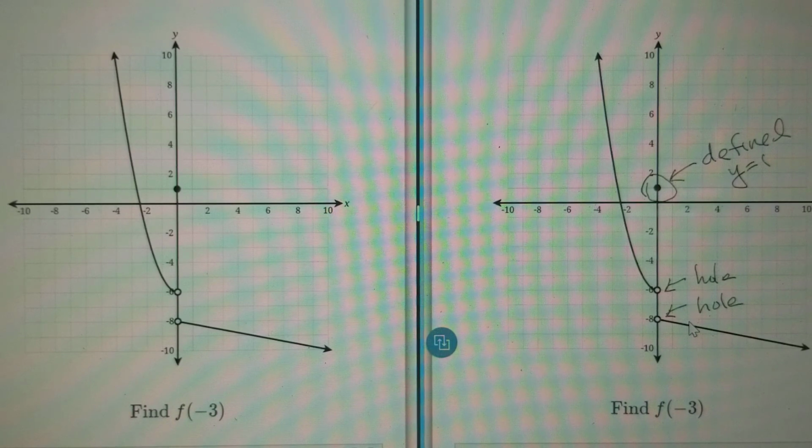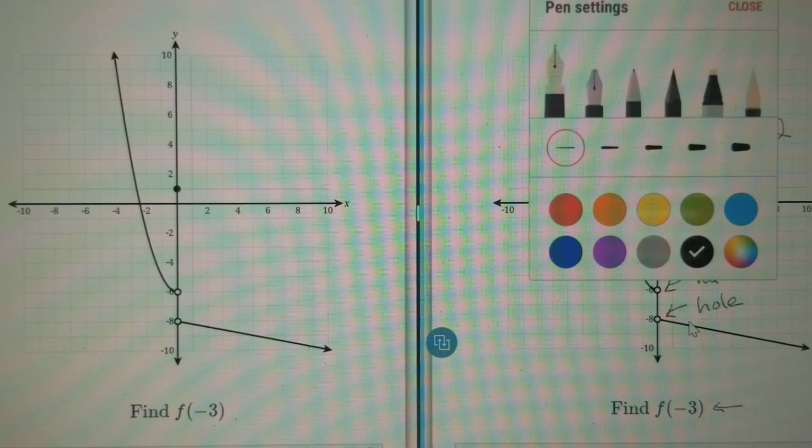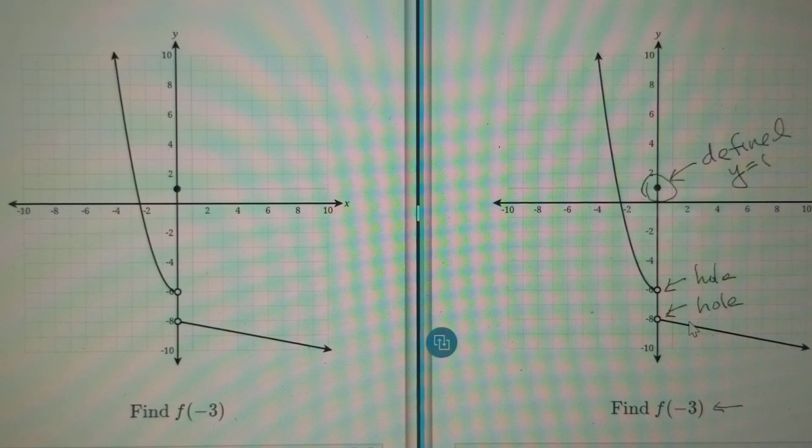But anyway, we're supposed to find f of -3. I'll use a different color here to make it easier to see. There's -3 right there.